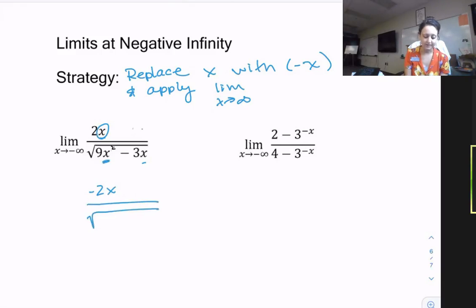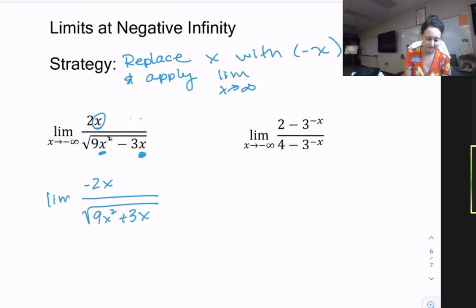If I replace this x with a negative x, I get negative x squared, but a negative squared doesn't change anything, it's still positive, right? Then if I replace that x with a negative x, I would get plus 3x.